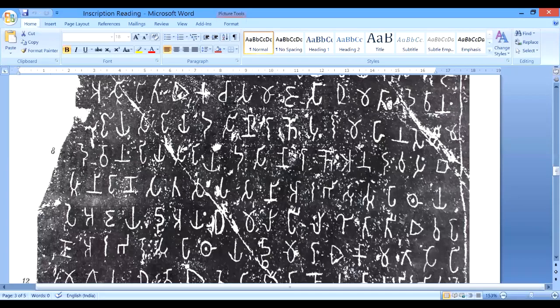Prana. Okay. Then sa, ta. Okay, satta. Then sa, ha. Look at here. Sa and ta and sa and then ha. Even though in between these there are many scratches, you can see sa, ta, sa, ha, sra.